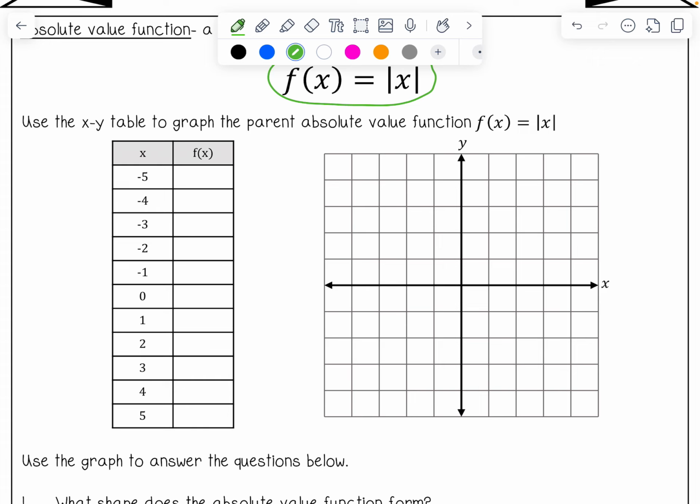So I am going to be graphing the absolute value of -5 first, which would be 5. So again, you can think of it like this, the absolute value. So I'm substituting in -5.